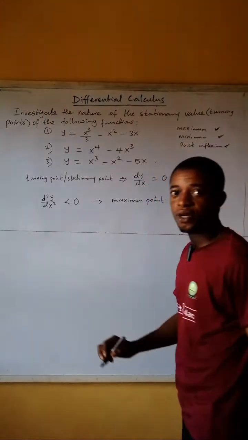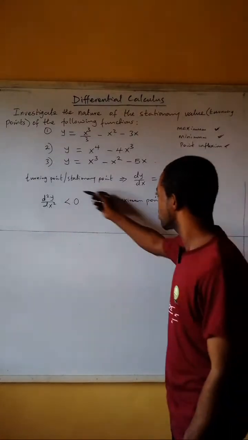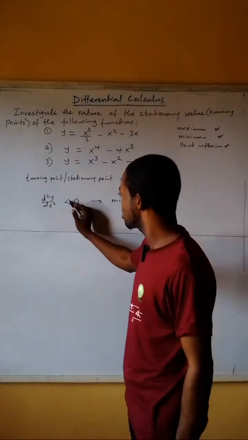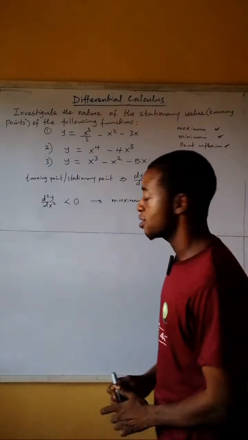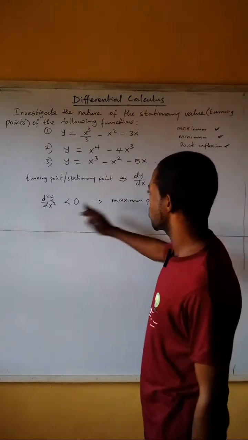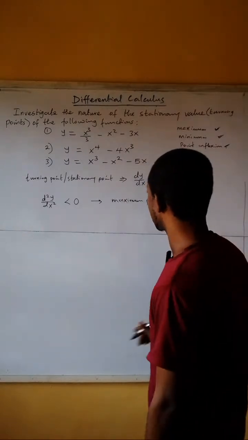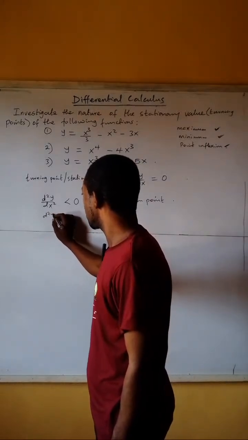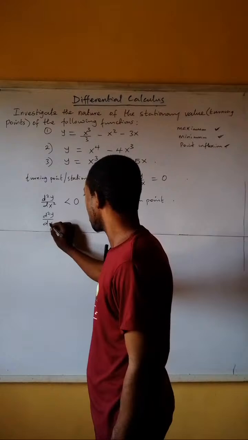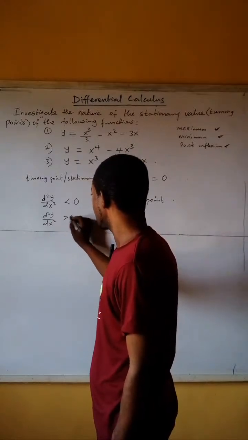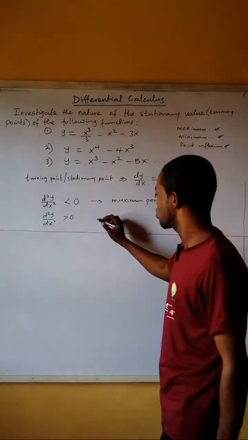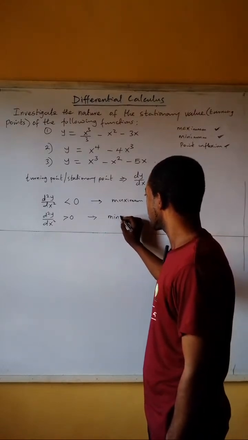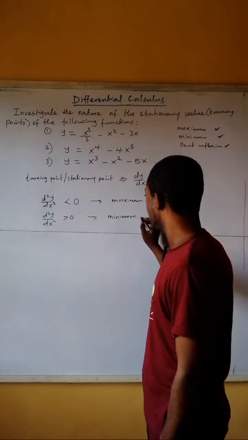That is, if after we substitute the value of the turning point in the second order derivative the result is less than 0, it implies that the turning point substituted here is a maximum point. Now, if the second order derivative, d²y/dx², is greater than 0, after we substitute the turning point, it implies that that turning point is a minimum point.